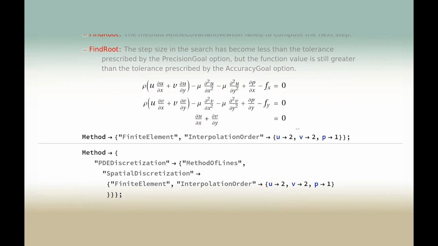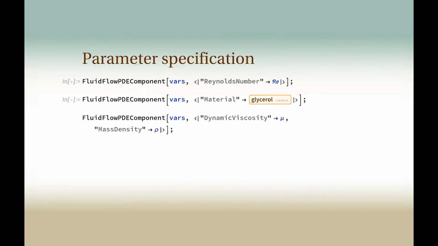Basically that's how it's called in the finite element world, to specify higher velocity interpolation order than pressure interpolation order. Parameter specification for a fluid flow PDE component is to specify either the Reynolds number, we've seen that. You can specify a material like in any of the other PDE components, or you specify the actual physical material parameters like dynamic viscosity and mass density. That's how you can specify those.